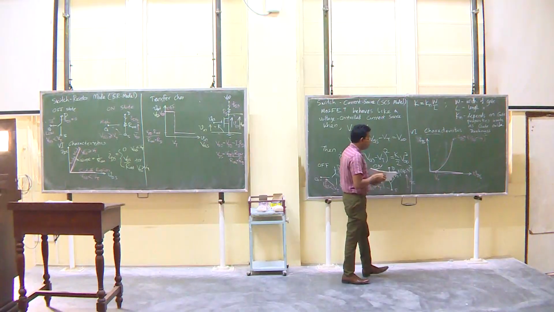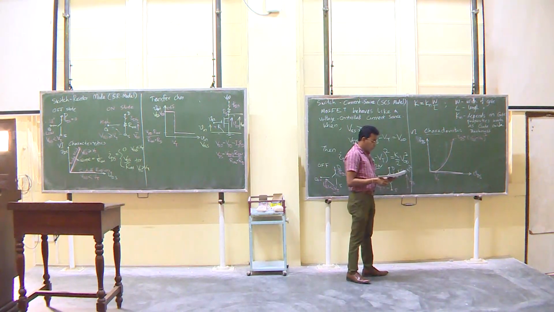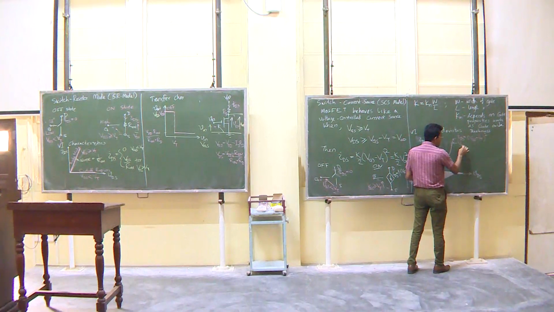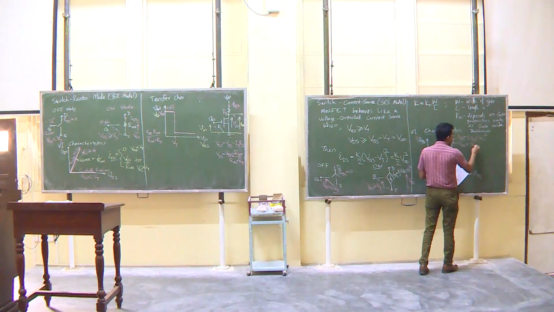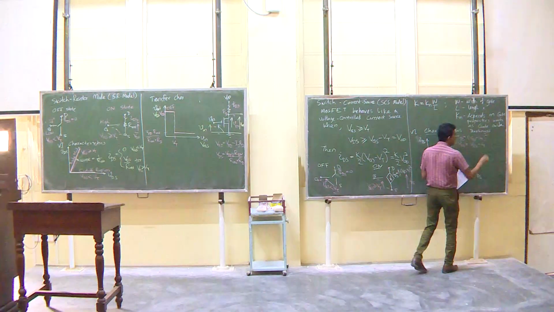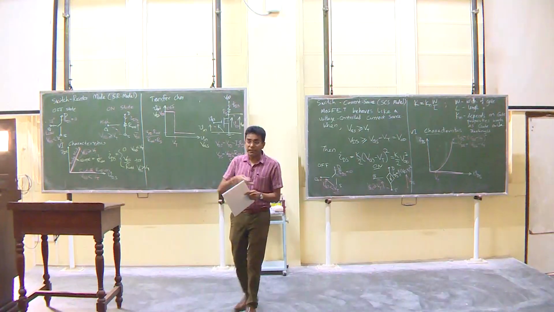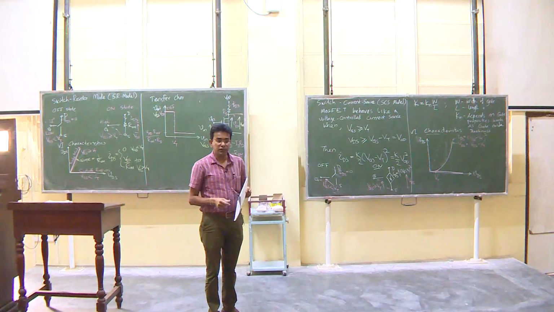But what we have here is not VGS, it's VDS, right? So what is VDS on this curve? On this curve, VDS is equal to VGS minus VT. That curve represents VGS minus VT.